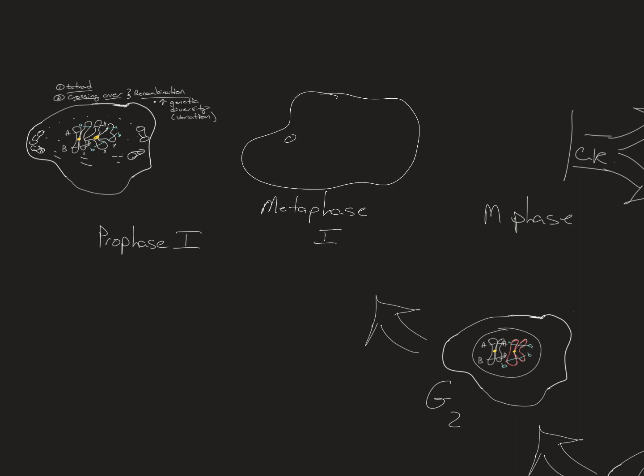Now you have your centrioles. You have your spindle fibers, but now your tetrad, instead of the homologs lining up one on top of the other, now you have a tetrad lined up. How does that change things? Think about it and try to figure it out on your own. I have not told you this.